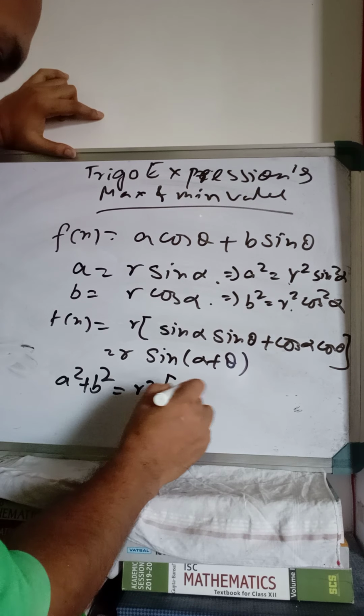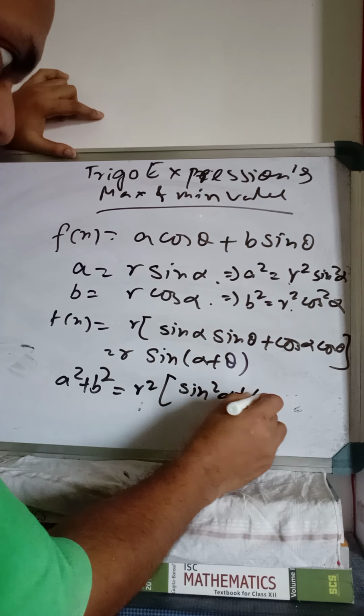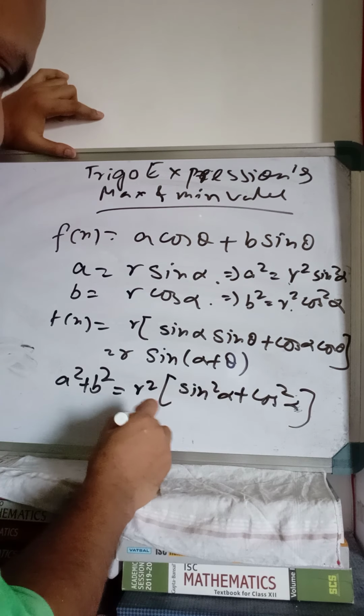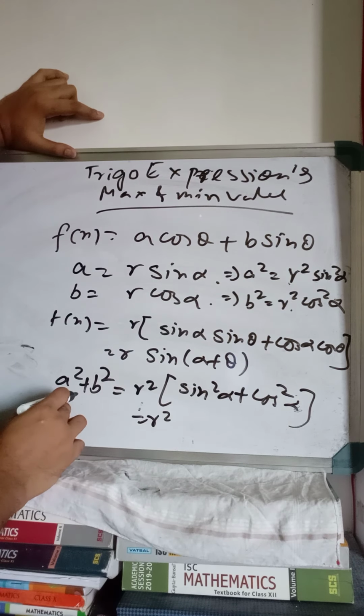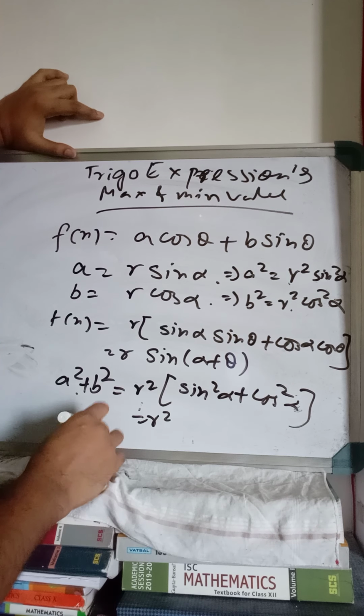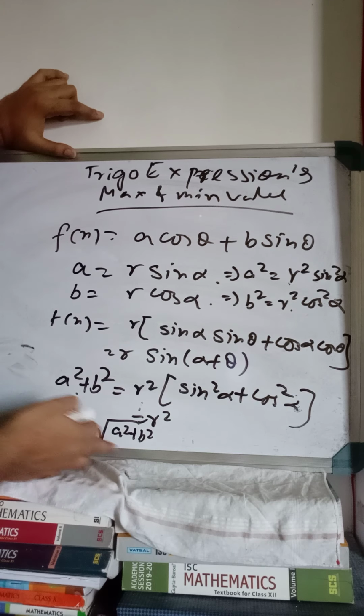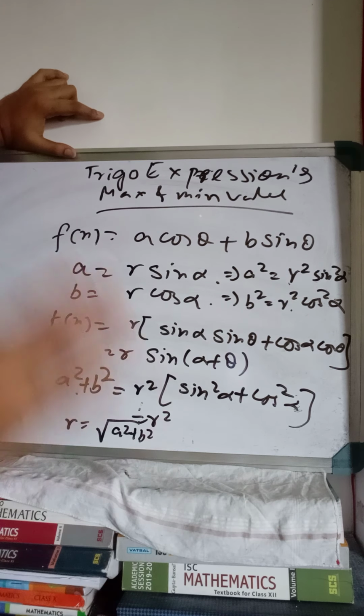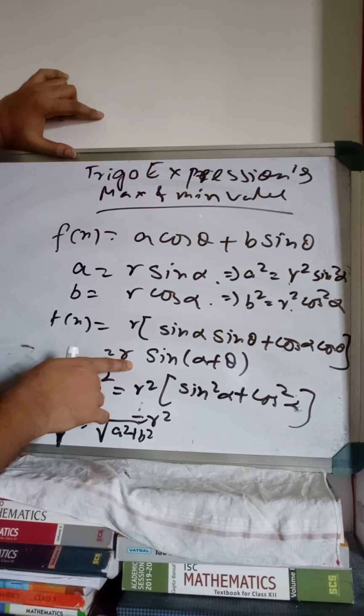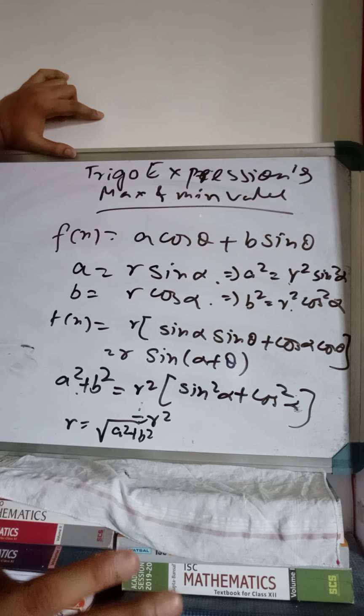Take r square common, sin square alpha plus cos square alpha is 1, so that is r square. So your r square is a square plus b square, so your r is root over a square plus b square. Okay, and your f(x) turns into r sin of alpha plus theta.